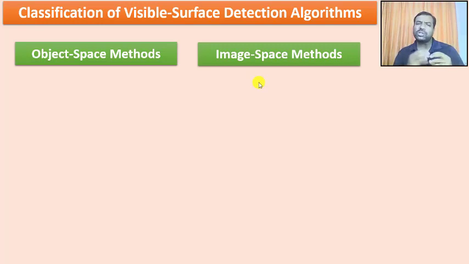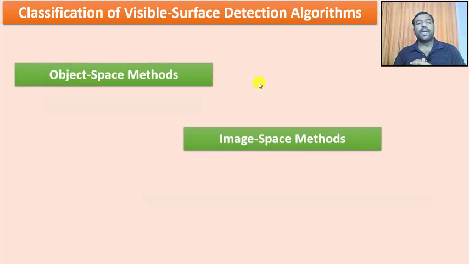Now we'll see what object space is and what image space is. When I say object space, I'm talking about the individual objects. If I have two triangles, I call triangle 1 one object and triangle 2 the second object. Hence object-wise is how I discuss things in object space methods. But when I talk about image space, all the objects in the scene are one image for me. Hence we call these image space methods. Fine.